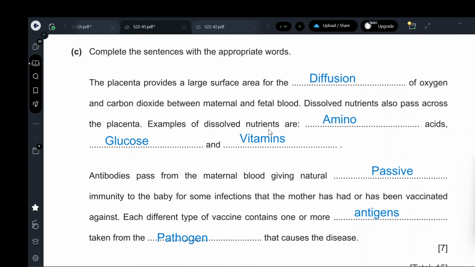This is passive immunity to the baby, because the baby takes ready-made antibodies for some infections that the mother has had or been vaccinated against. Each different type of vaccine contains one or more antigens taken from the pathogen that causes disease. The vaccine has a weakened pathogen or the antigens of the pathogen, because it gives artificial active immunity.